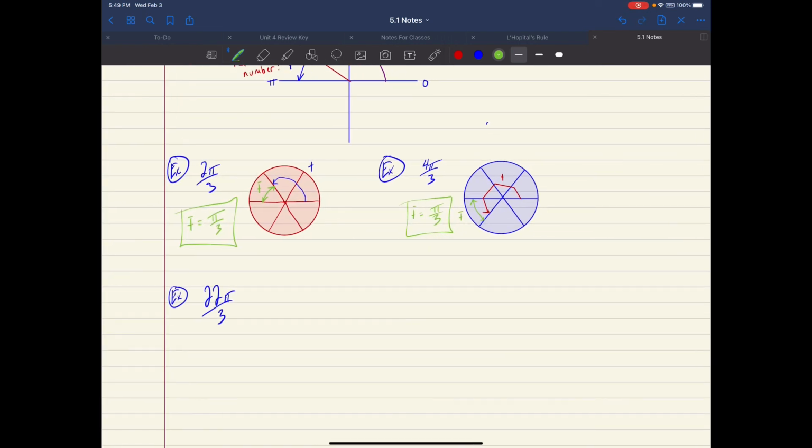If you'll notice, t bar is always between 0 and 90 degrees, or 0 and pi over 2. So it'll always be an angle smaller than 90 degrees, or the equivalent radian measure of pi over 2.